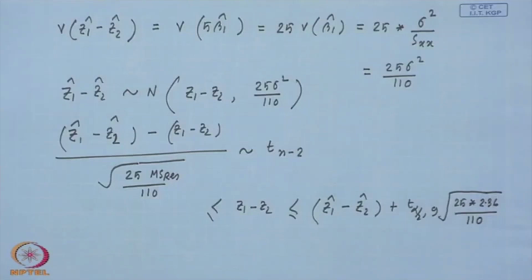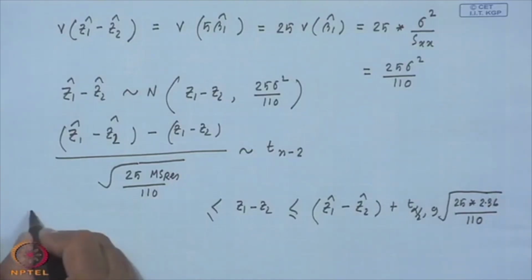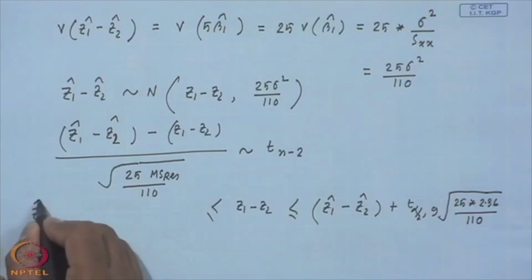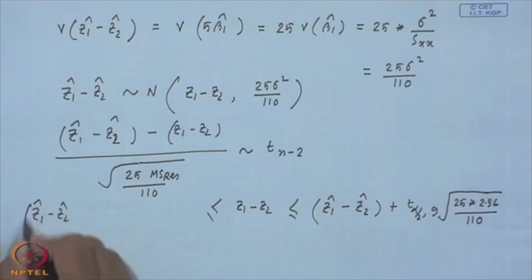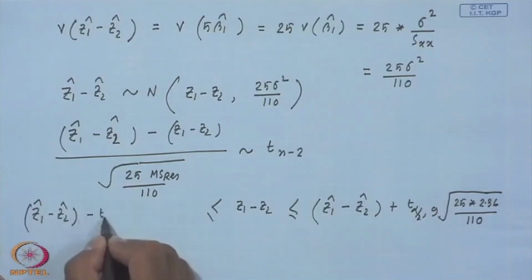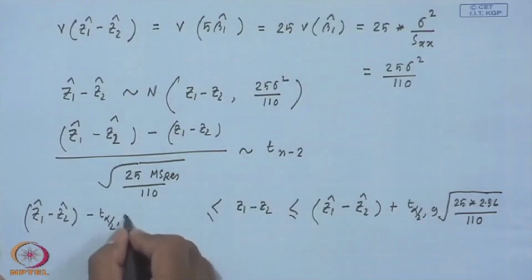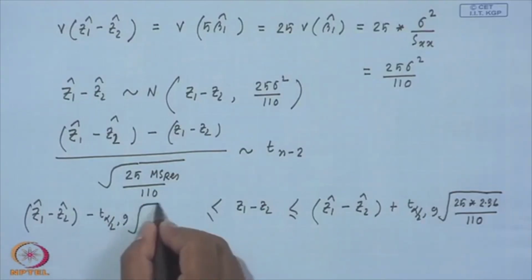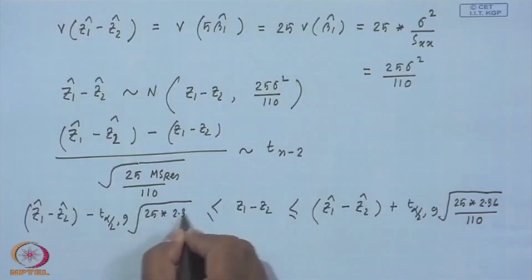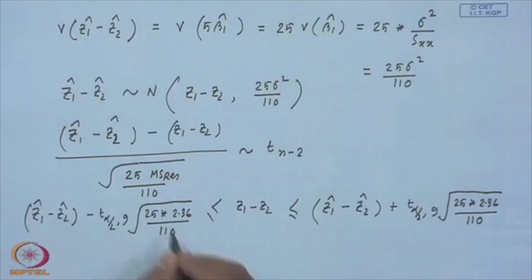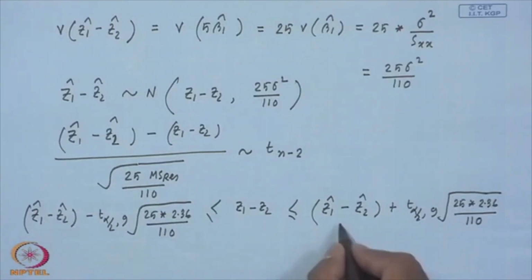Okay. And similarly, here also it is Z 1 hat minus Z 2 hat minus t alpha by 2 with 9 degrees of freedom by the same thing, 25 into 2.36 by 110. And finally, we know that this one is 7.20, right.